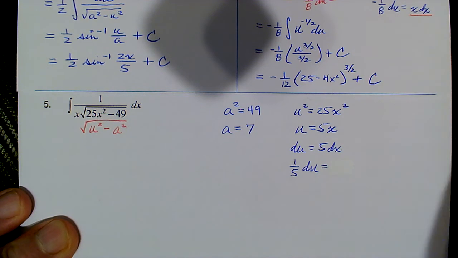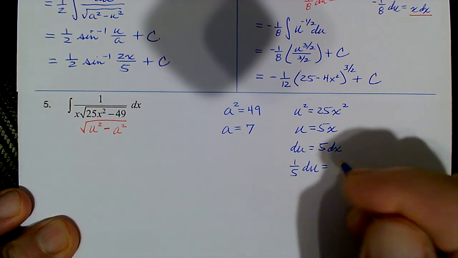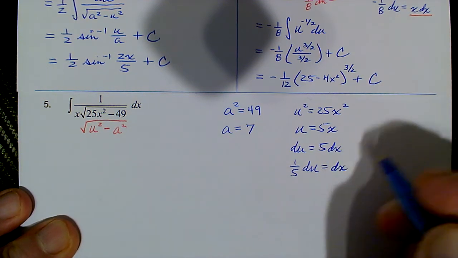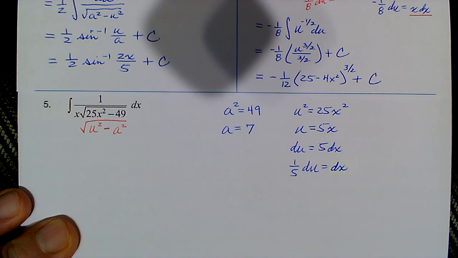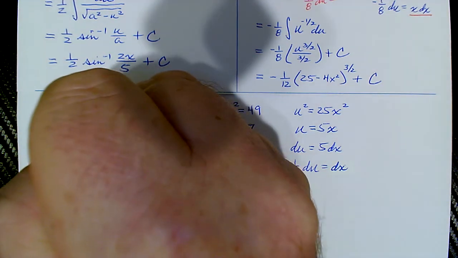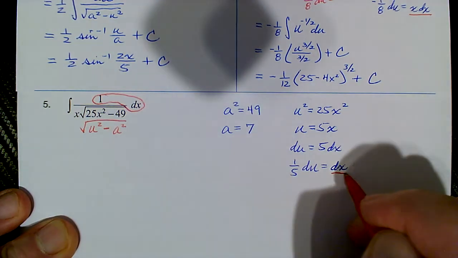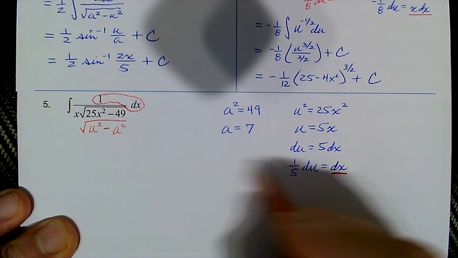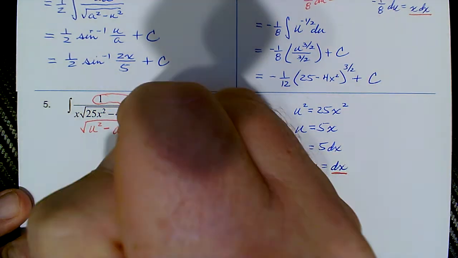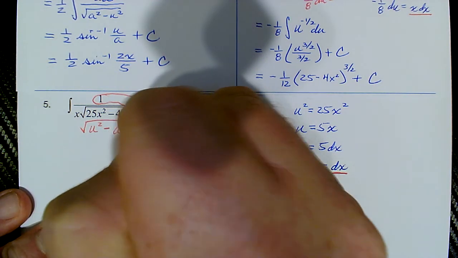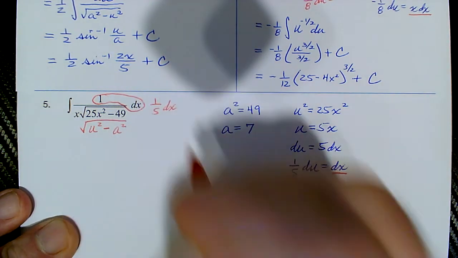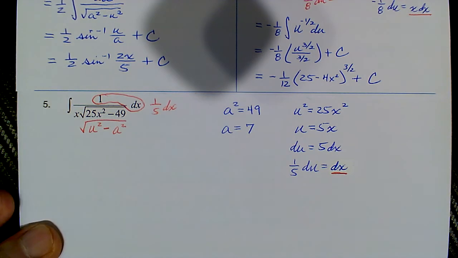When we go back to the formula and we consider the leftovers, well, besides the 1 dx that will satisfy the du, just modified by 1/5, we also have this x. So there's a couple different ways to go about this, but here's the first way I'm going to show you.